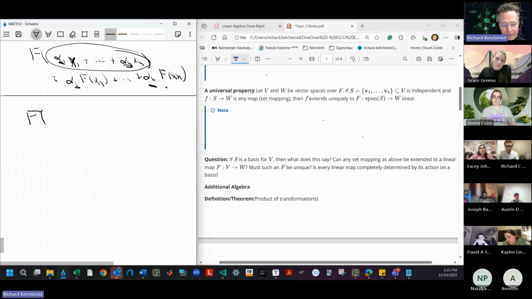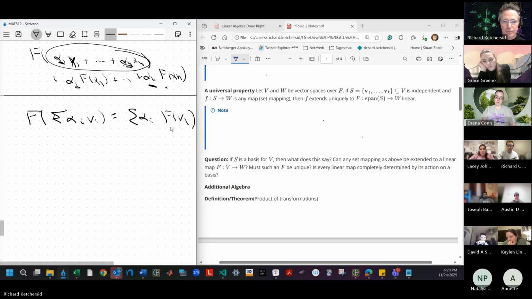So if my f is going to be linear, then it's got to have the property that f of summation alpha i vi has got to be summation alpha i f of vi. There's no option, right? That's what it has to be. And if this thing is supposed to extend the little f, then this has to be summation alpha i little f of vi, no matter what that thing was.